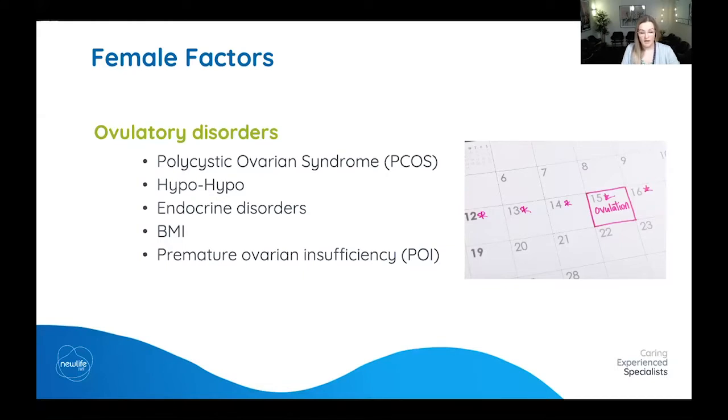Unfortunately, some women that we see suffer from a condition called premature ovarian insufficiency, or POI. This is a condition where a young woman's ovaries act as though they are menopausal and they stop producing eggs. This can be seen in women who have undergone cancer treatment and had chemotherapy.